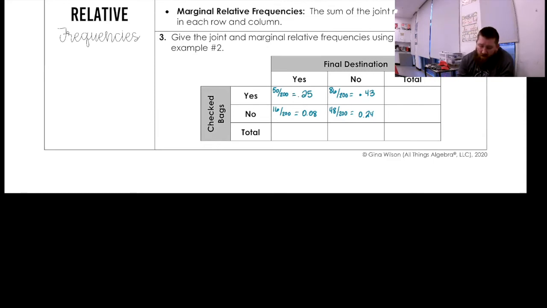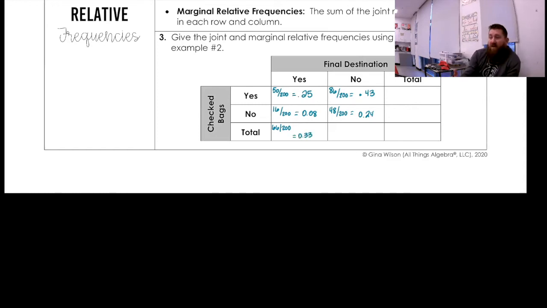Okay, and now those data points, we could add them up and get our totals, or we can also do the edges. Sometimes because of rounding, when we add them together, we're a little off. So it's just safer to go ahead and do that. So 66 divided by 200, 0.33.